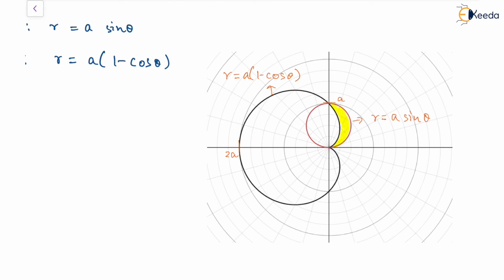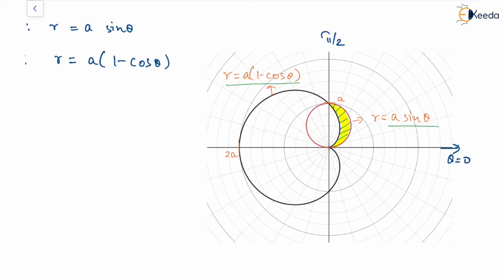Now in terms of angle, this angle is going to be between theta equal to 0 to pi by 2, of course in radians. Also for the radius variation, the lower limit is going to be a times 1 minus cos theta, whereas the higher limit is going to be a sine theta.